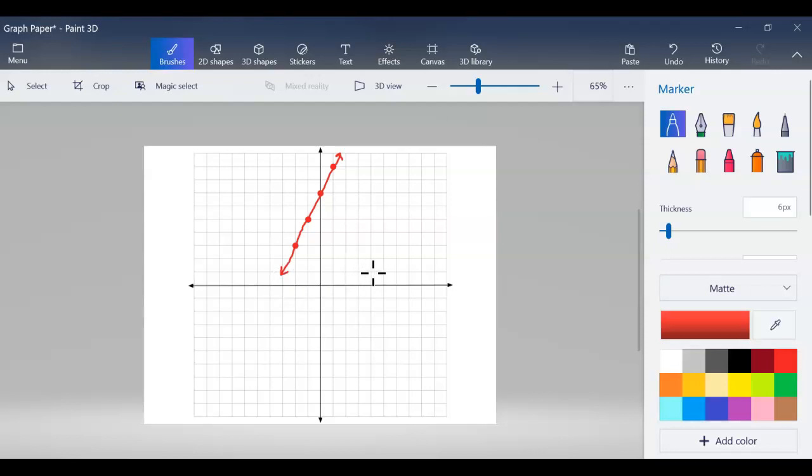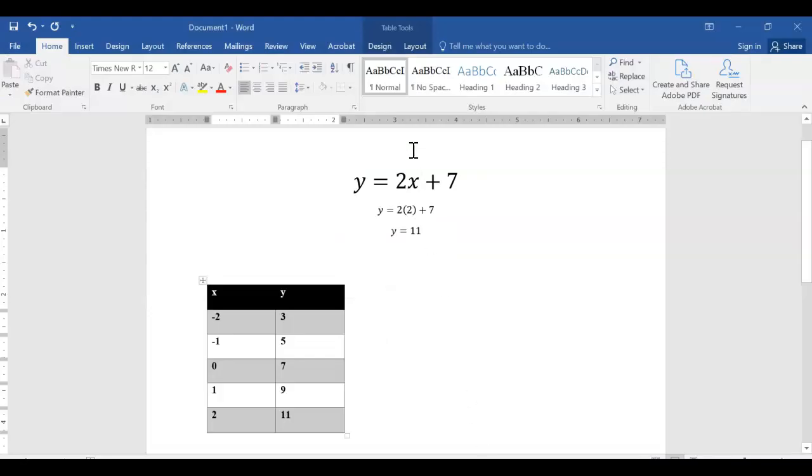So that is the line. Again, it would be a little bit better if I could freehand this and not use my mouse, but that's the line y equals 2x plus 7. All right, y equals 2x plus 7. That's the graph of that line.